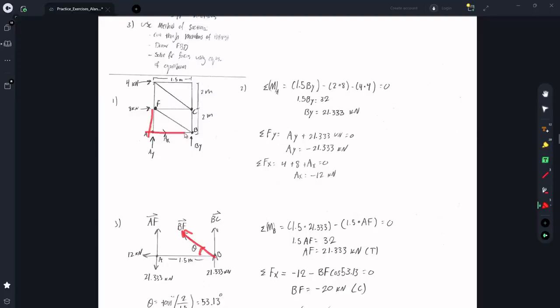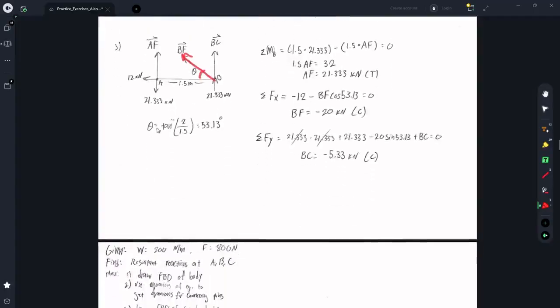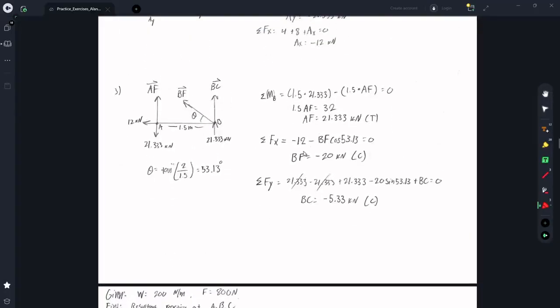This is 2 meters, this is 1.5 meters. So if we do the tangent inverse, we get 53.13 degrees. So back to the sum of the forces in the x direction, we can subtract BF cosine of 53.13, solve for BF, which was negative 20 kilonewtons, and because it's negative, it's going to be in compression.